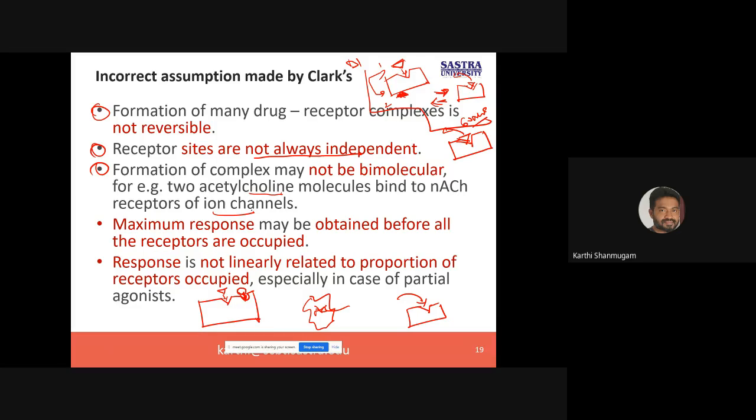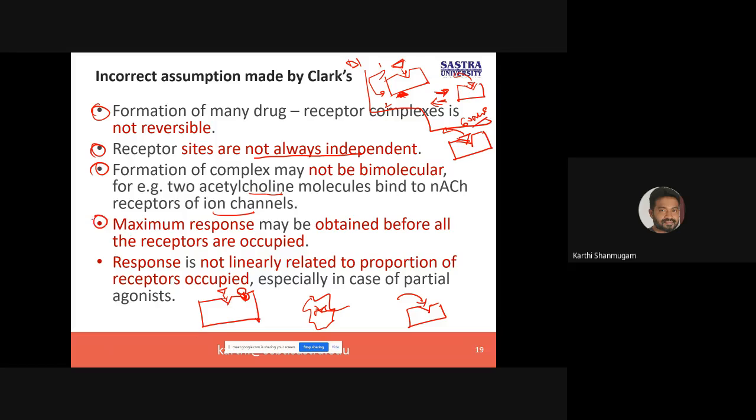Two molecules of acetylcholine should bind to the ion channel to activate it. So the number of acetylcholine molecules required is two, not one. For one protein molecule, two molecules of acetylcholine are required, so we cannot say it is a bimolecular reaction. It's a trimolecular reaction. Three molecules are involved in the formation of complex. Is it understandable? Yes, sir.